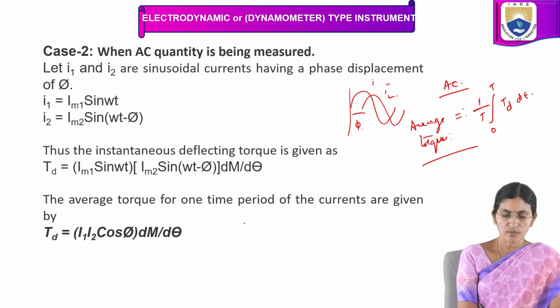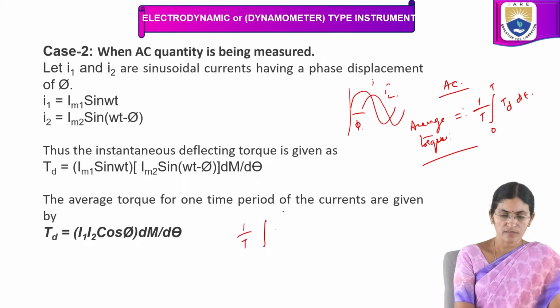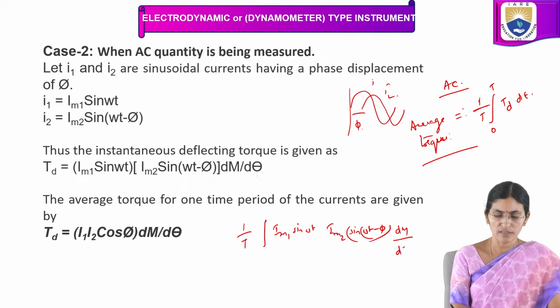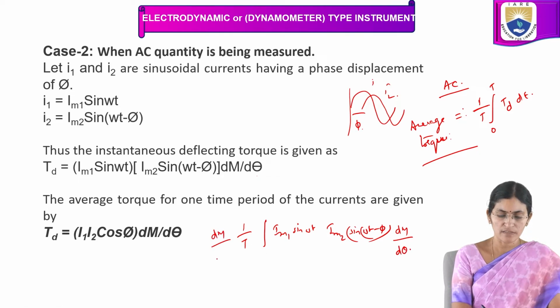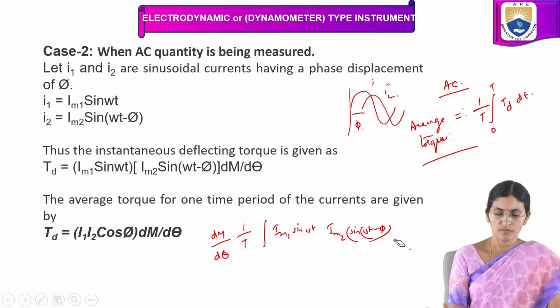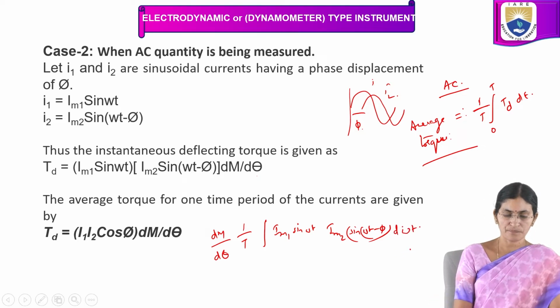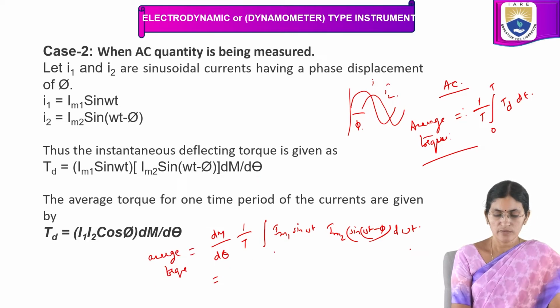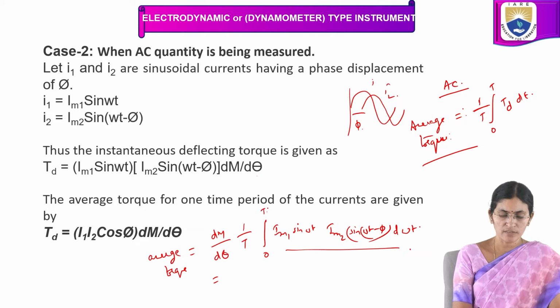So we can write it as 1 by T integral, Td is equal to Im1 into sin omega t, Im2 into sin of omega t minus phi, dM by d theta. So dM by d theta is a constant. Since it is with respect to omega t, d omega t. So this is the average torque. When we go from 0 to T, this equation can be written as 0 to 2 pi, 1 by 2 pi.